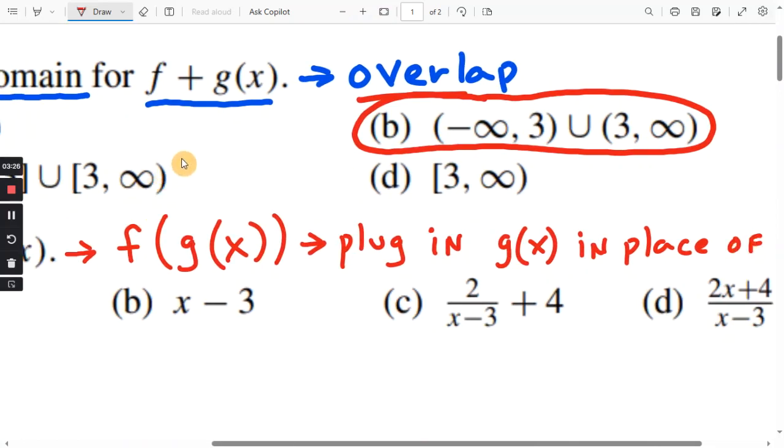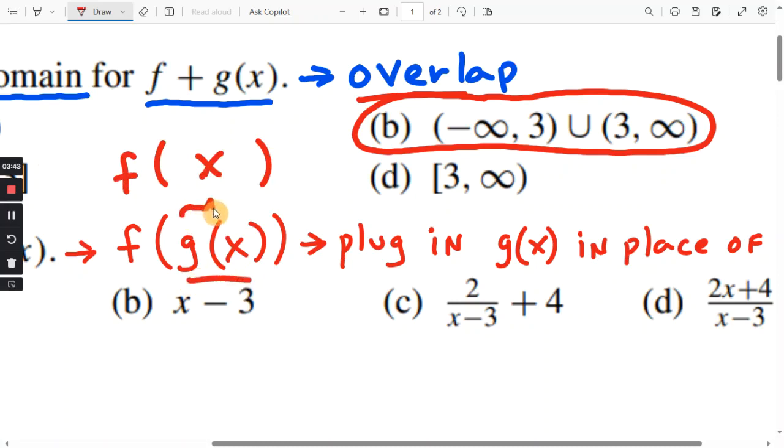If you have a function f of x, whatever you put in the parentheses gets plugged in place of x. So that g of x function gets plugged in place of x into the f function.